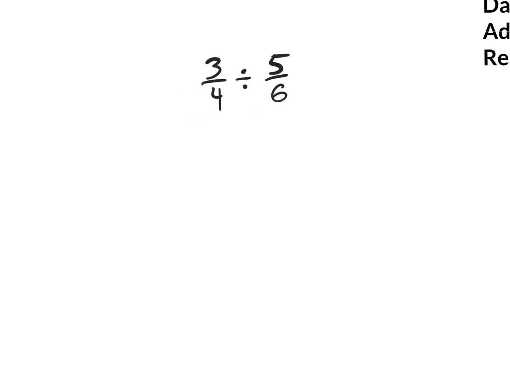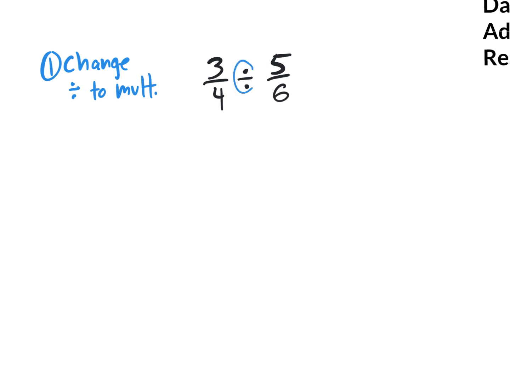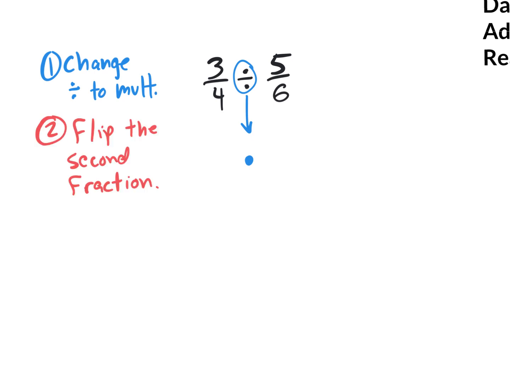And there's two things that you have to do. The first thing is to change the division to multiplication. So this division right here, I want to change to a multiplication dot. And the second thing is flip the second fraction. So we're going to change the division to multiplication, and we are going to flip the second fraction.